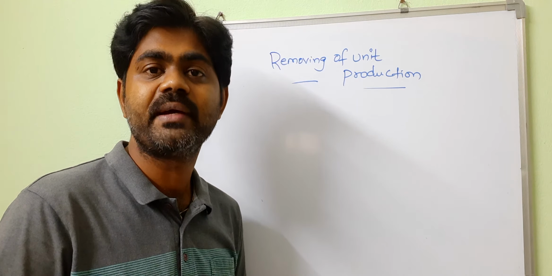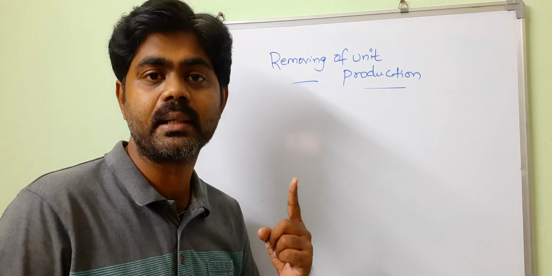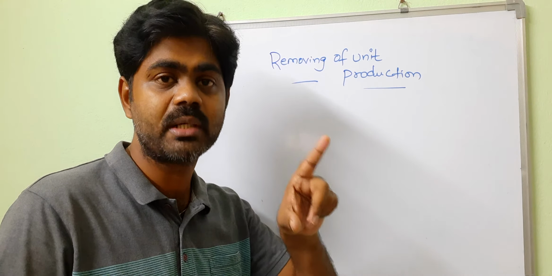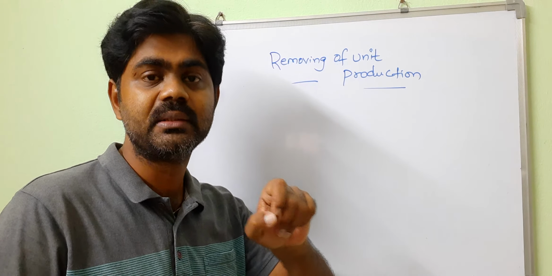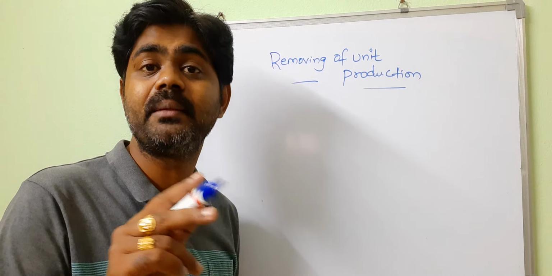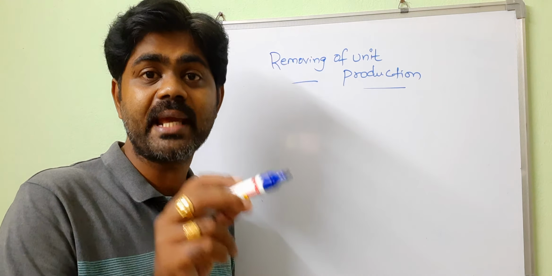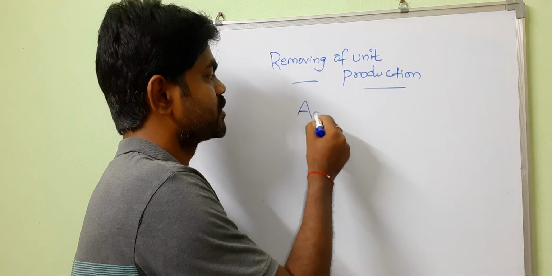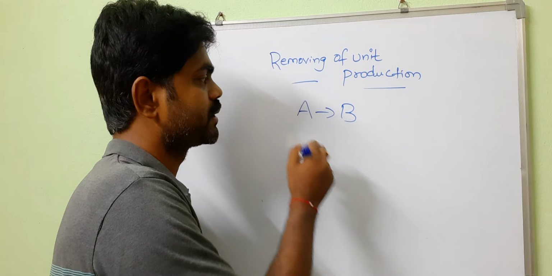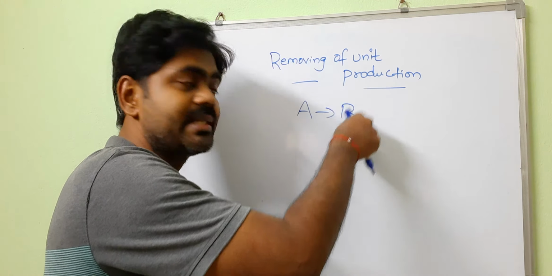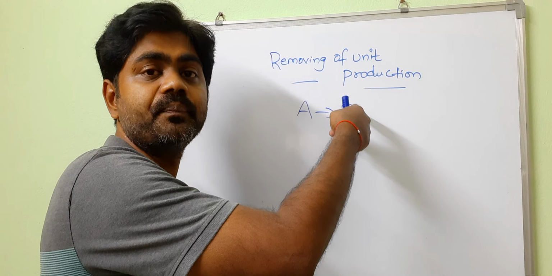For example, if I have capital A tends to 1, that's not non-terminal tends to non-terminal. That's non-terminal tends to terminal. But if I have capital A tends to capital B, this is a non-terminal, this is a non-terminal, so we should not have this unit production here.